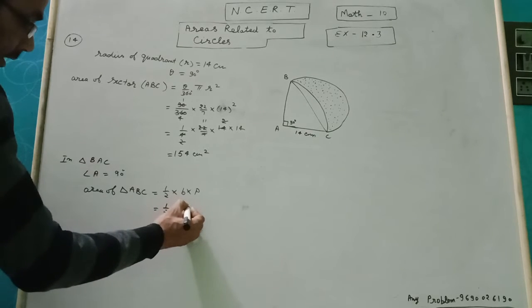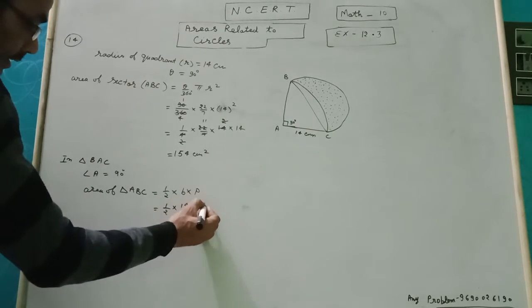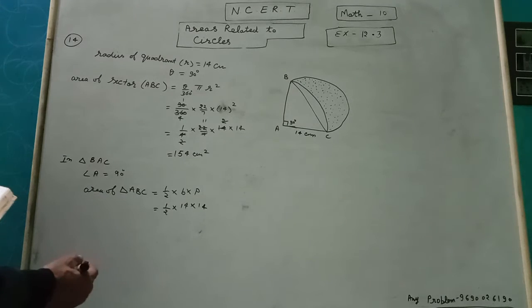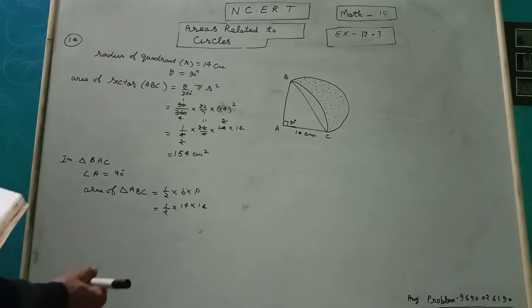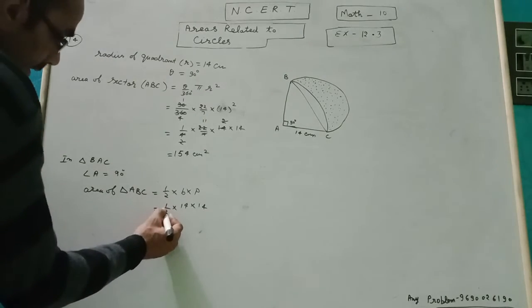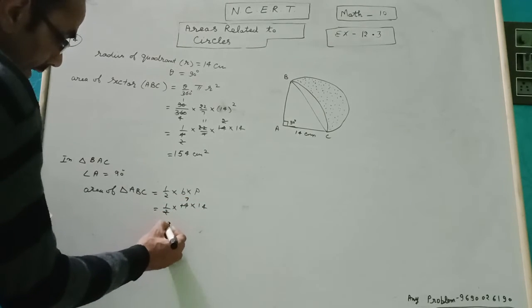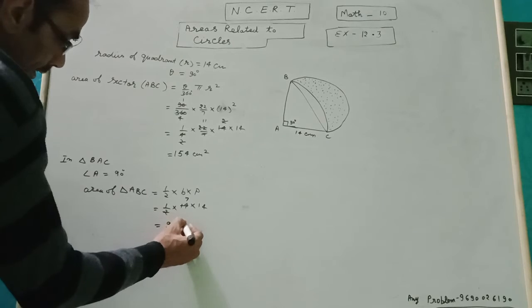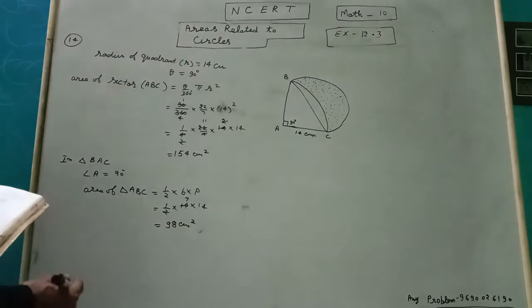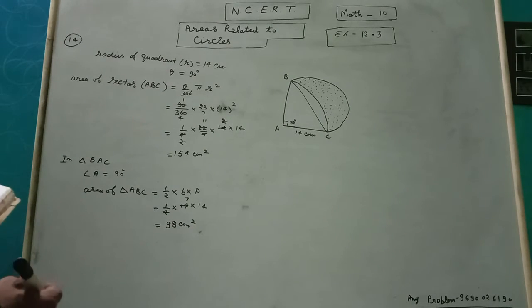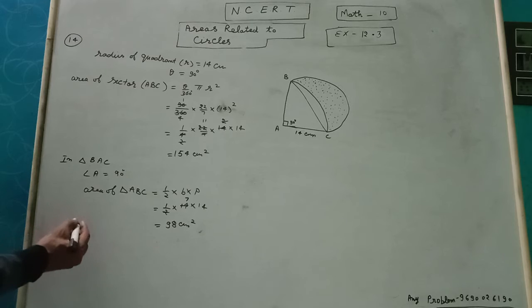Base will be 14 and height will be 14, both are radii of the quadrant. This gives 98 cm square, the area of triangle ABC.